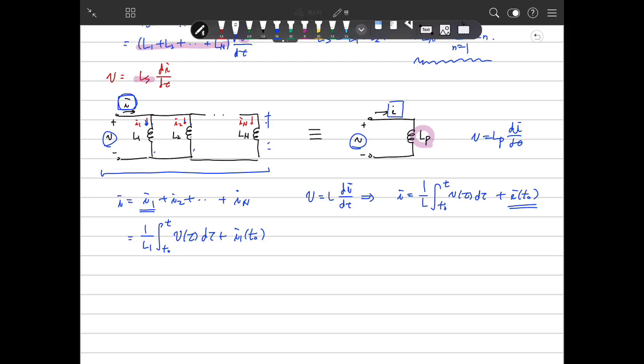Then in the case of the second, it is 1 over L2 integral from t0 to t of V(tau) d tau plus I2(t0). I2(t0) means the initial current here. In the same way, here is Ln, integral from t0 to t of V(tau) d tau plus In(t0).